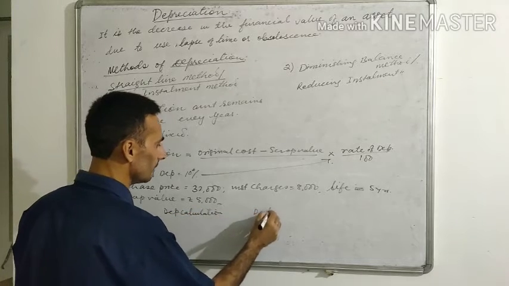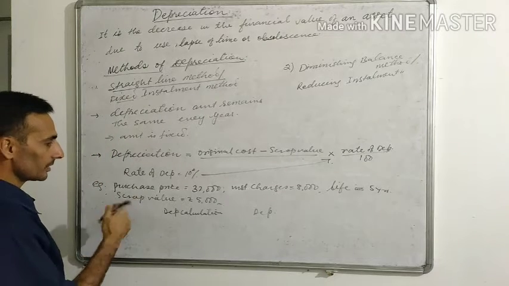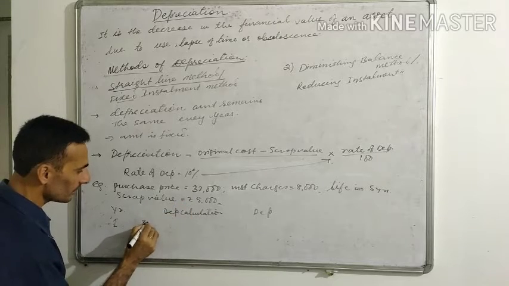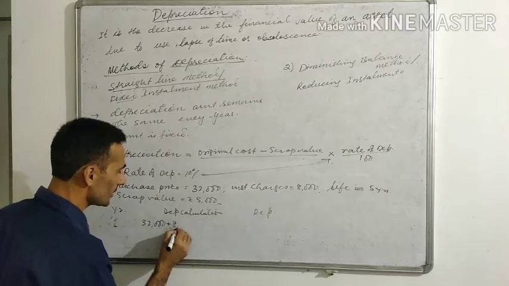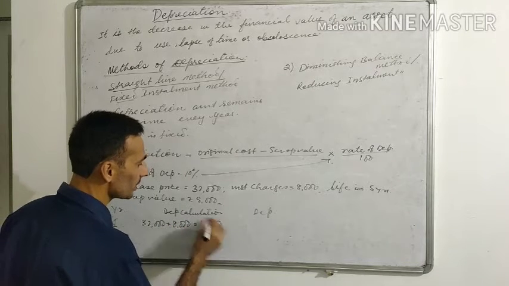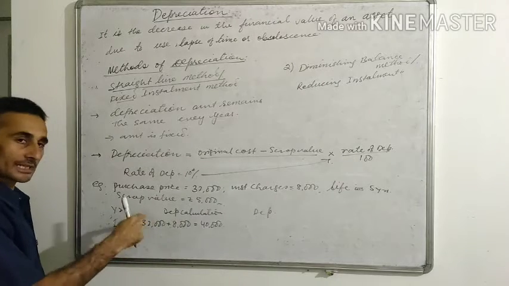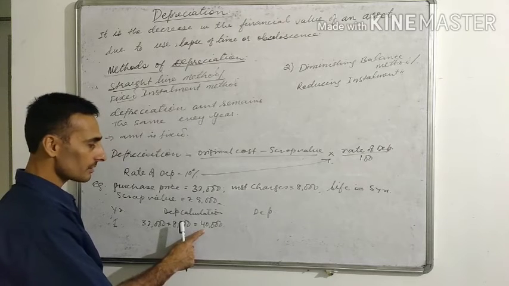Then here you will have depreciation. Say first year, what is the purchase price? 32,000 plus the installation charges, that is 8,000. When you add, you will get original cost. So depreciation is calculated on the original cost. 40,000 is the original cost, right?